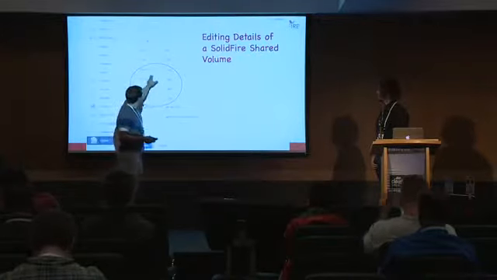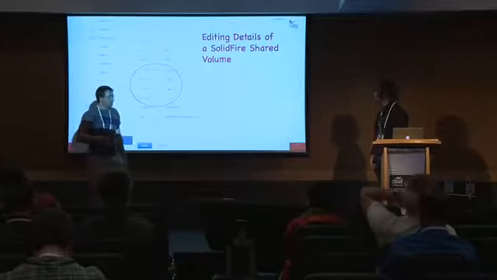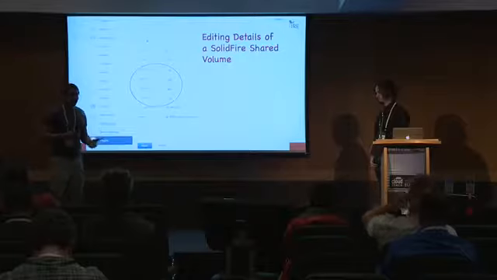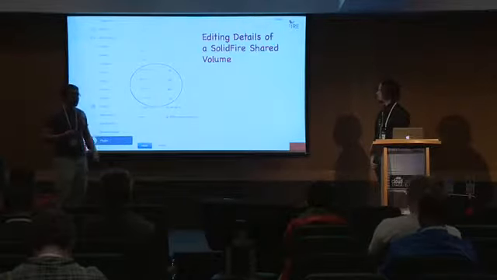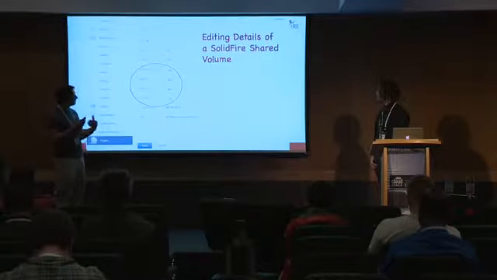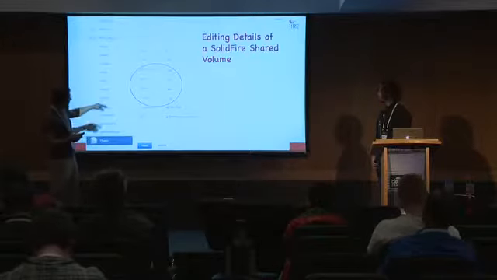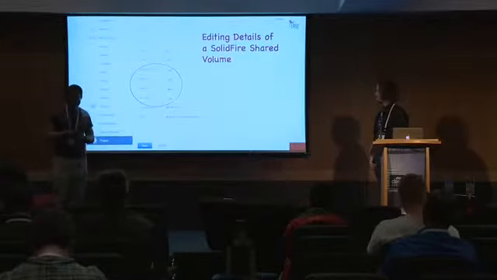So if you change the size in gigabytes, maybe you change it to 100,000, when you send that information to the API plugin, it's going to check to make sure it doesn't exceed your quotas.